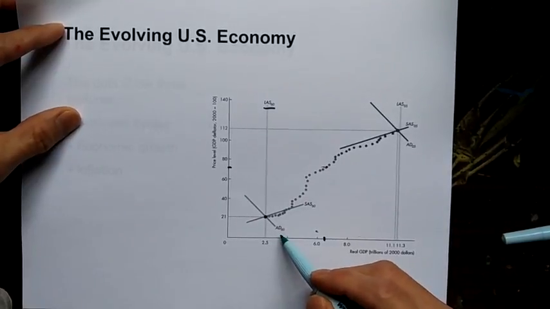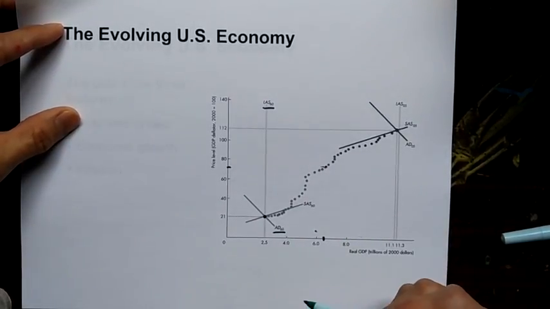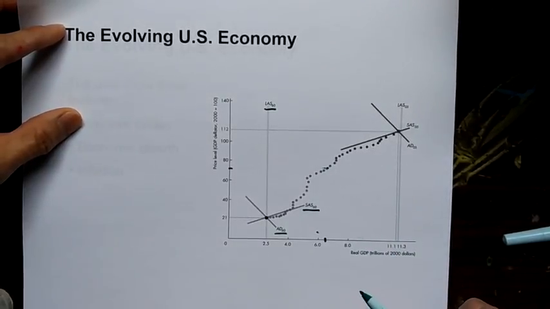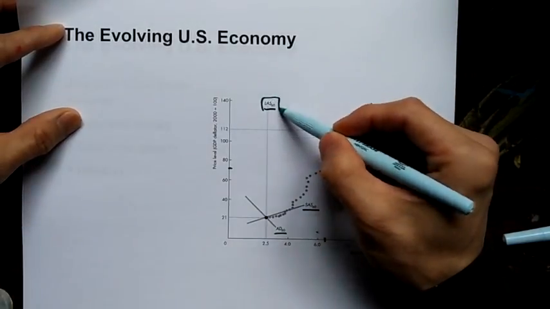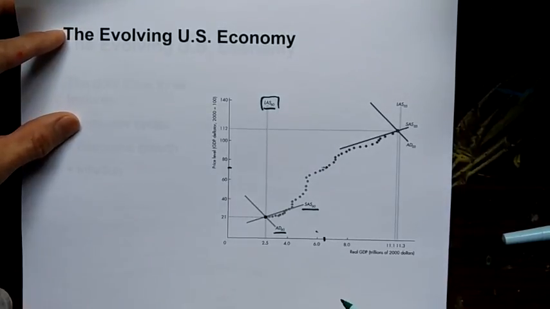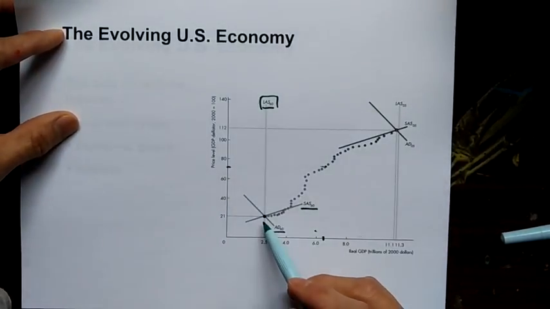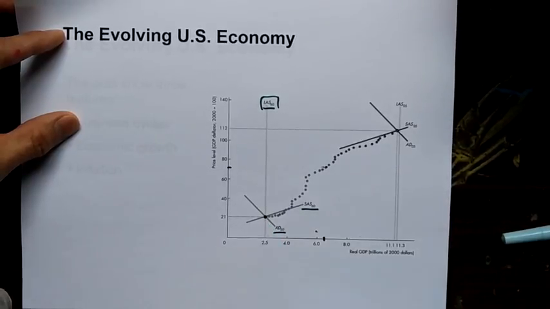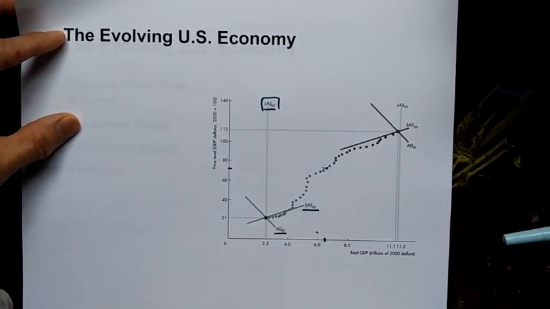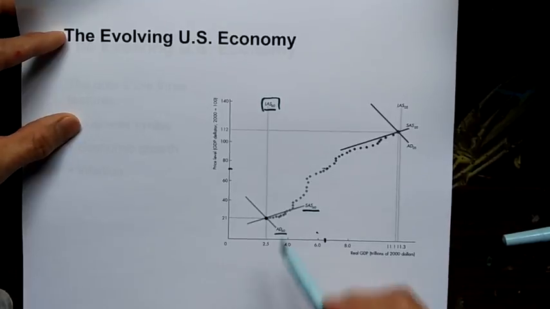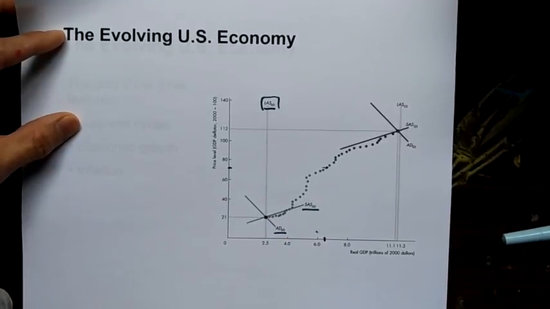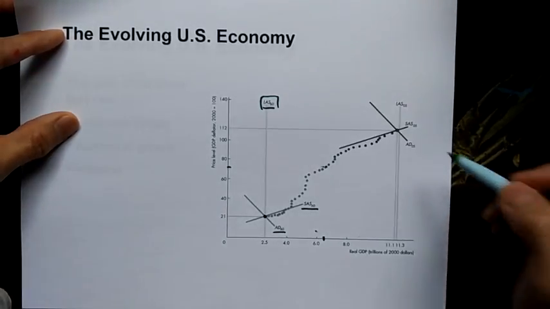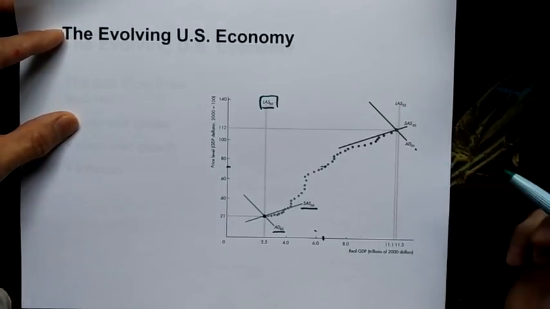So as you can see, this is the aggregate demand curve in 1960. This is the short-run aggregate supply curve in 1960. This is the long-run aggregate supply curve in 1960. So what can you say about the US economy in the year of 1960? The answer is, in 1960, we are in a long-run equilibrium. Now, how about 2005?